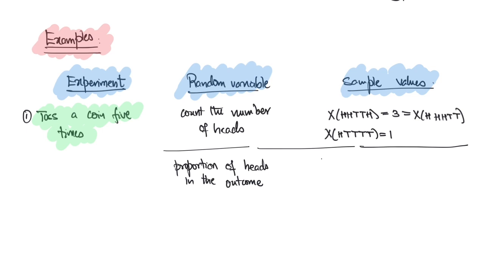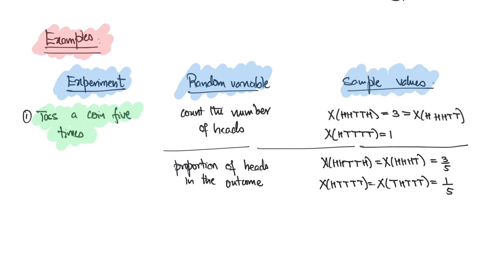We could also consider a random variable that calculates the proportion of heads in an outcome. In this case, the random variable is going to take the value 3 over 5 for the outcomes HTTHH and HHHTT. Similarly, the random variable is going to take the value 1 over 5 for the outcomes HTTTT and THTTT.